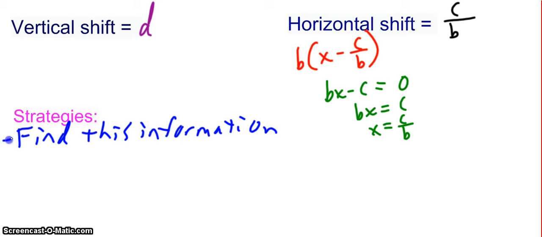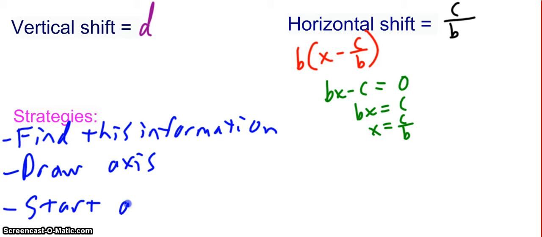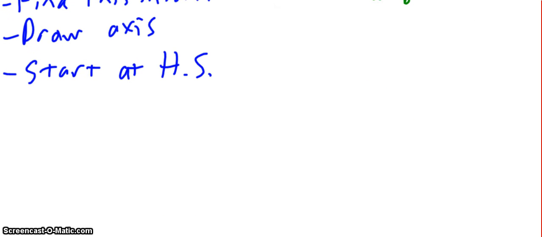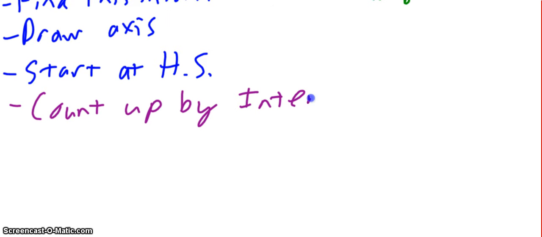If we're given an equation and we want to graph, first we want to find the amplitude, the period, the horizontal shift, the vertical shift, and the intervals. Then we're going to draw our axes, and then we will label the intervals, start at the horizontal shift, and count up by intervals. I want to emphasize the intervals are a distance. They are not necessarily a location.